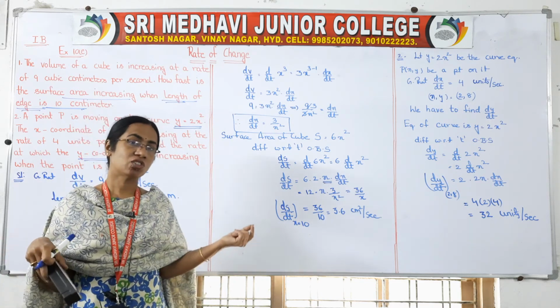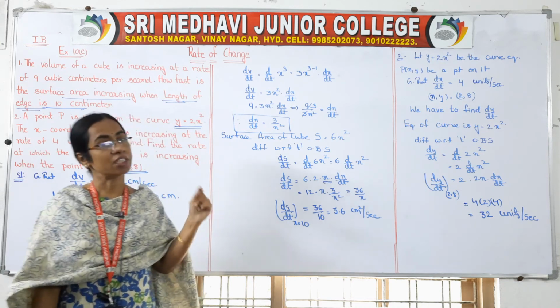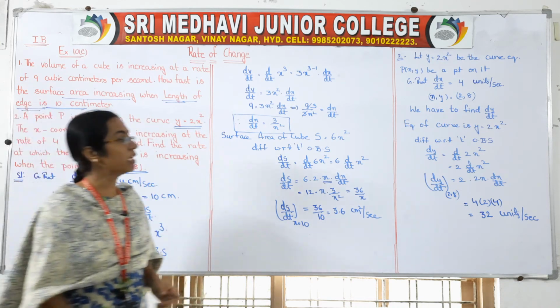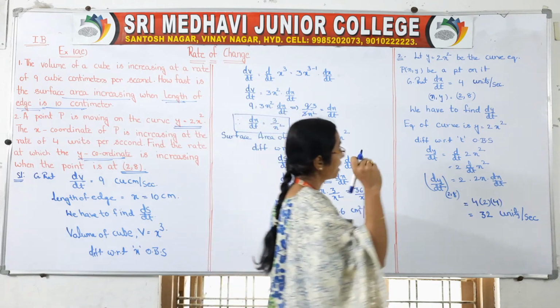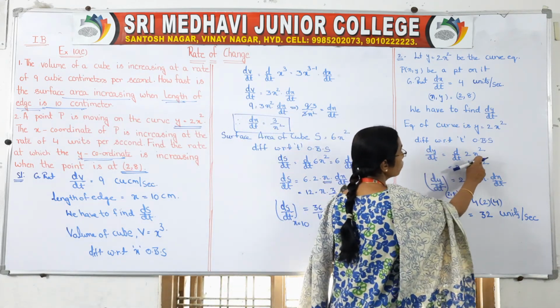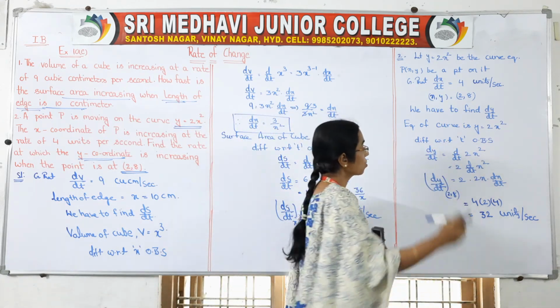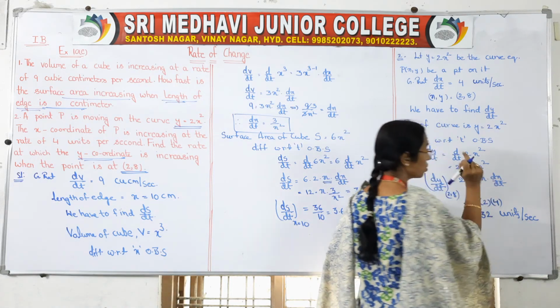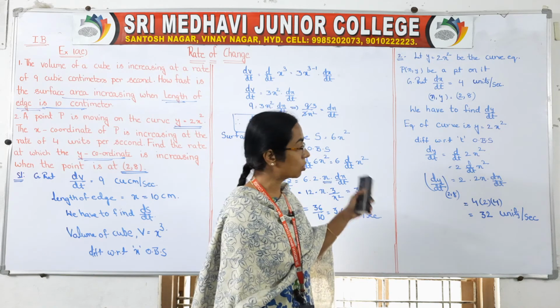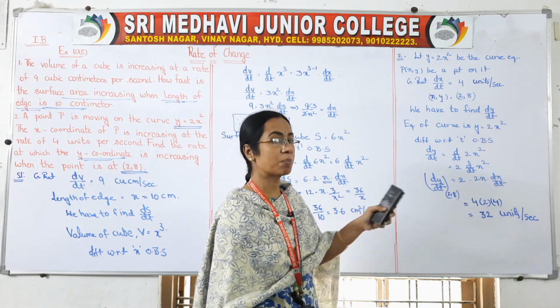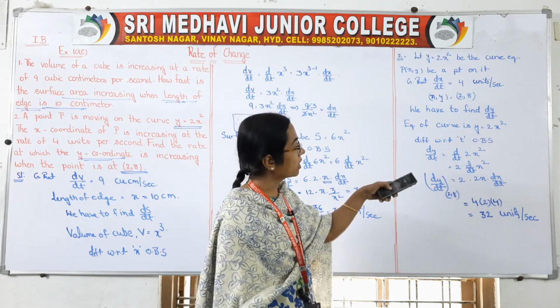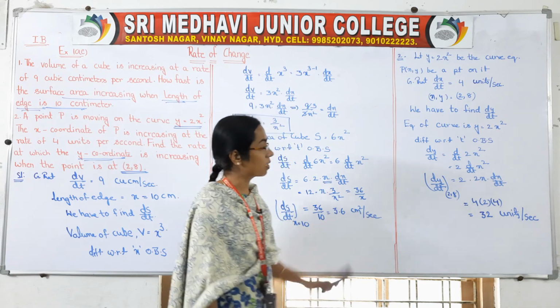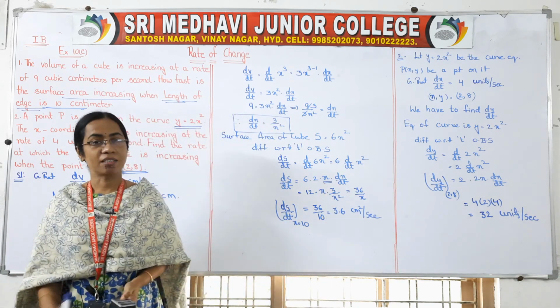That's why in this chapter we are differentiating with respect to t. So dy by dt is equal to d by dt of 2x square. So 2 into d by dt of x square, that is 2x. 2 into 2x into dx by dt. dx by dt is given to us. Just substitute and you will get your answer.